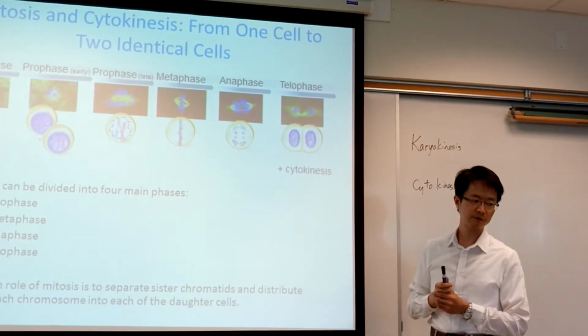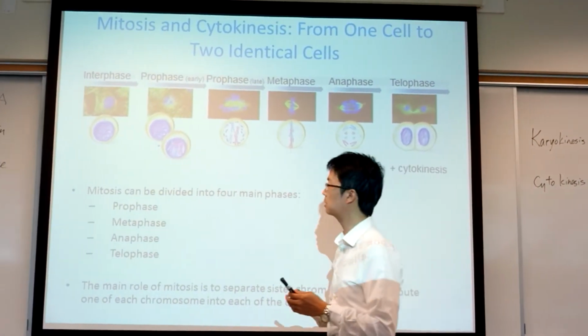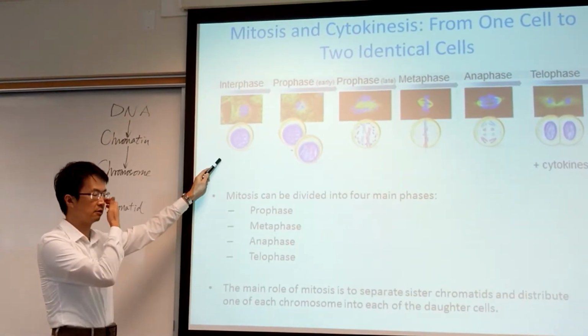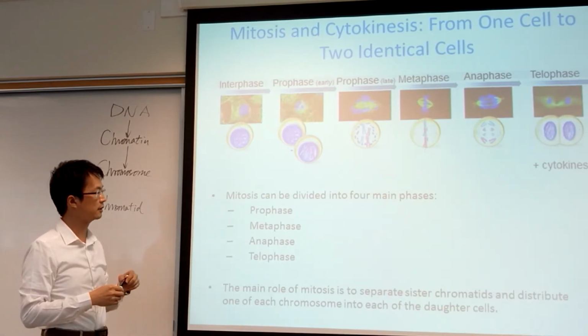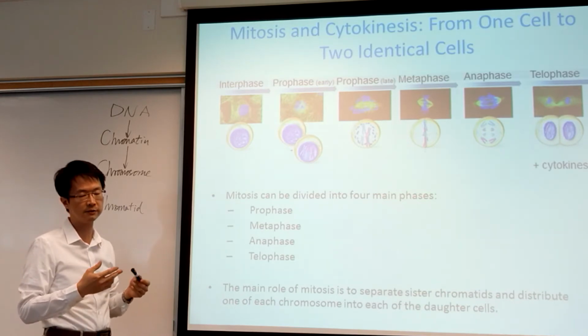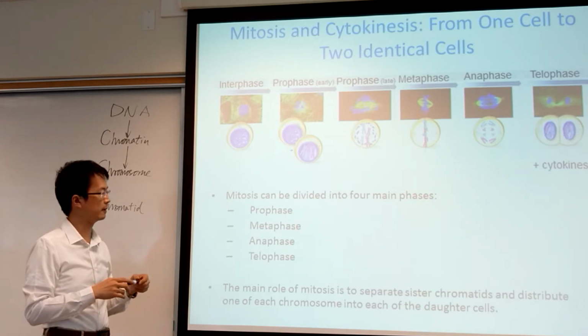Now let's start with mitosis. As we learned from the cell cycle before, most of the time the cells are in the interphase, specifically the S phase, which is when the DNA replicates.